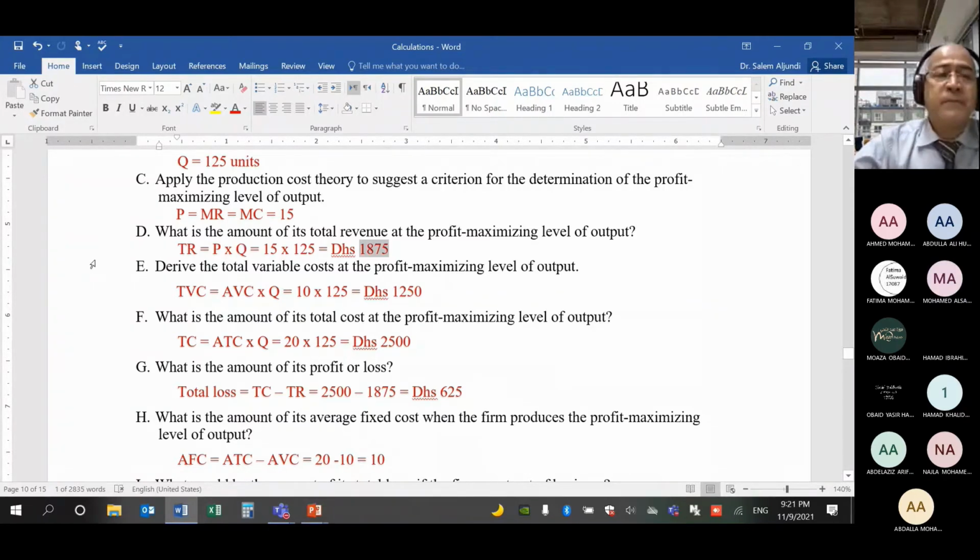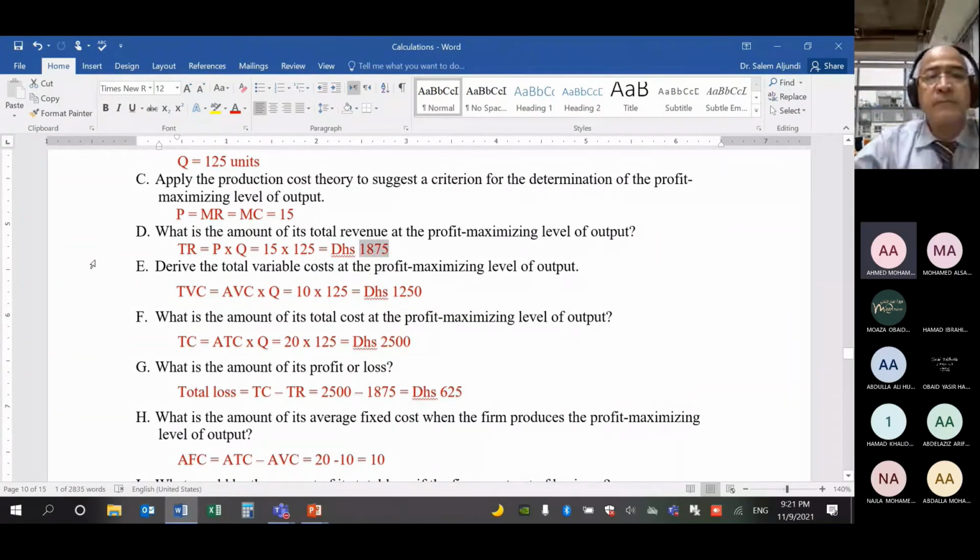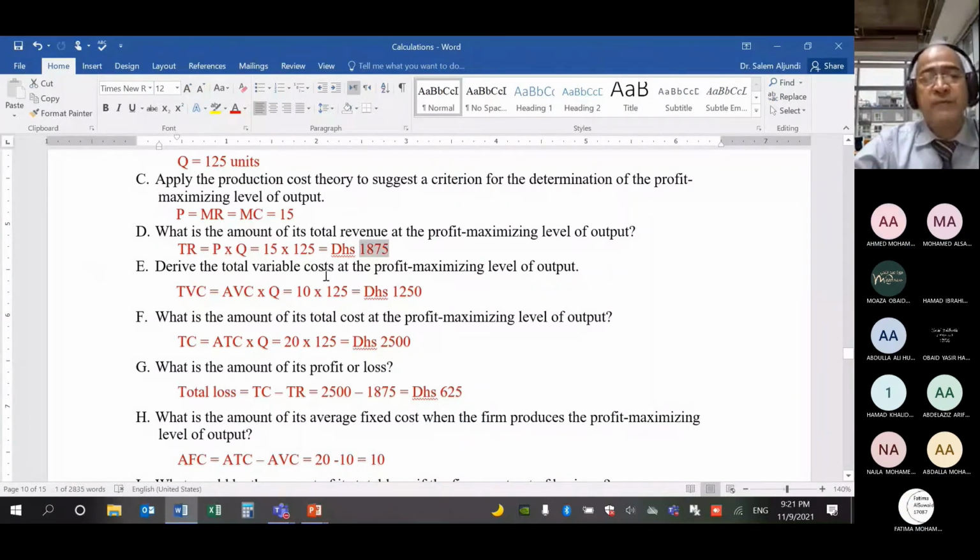Ahmed Muhammad. Derive the total variable cost of the profit maximizing level of output. What is total variable cost? We discussed before that average variable cost equals total variable cost divided by quantity. So from this formula, total variable cost equals average variable cost times the quantity.